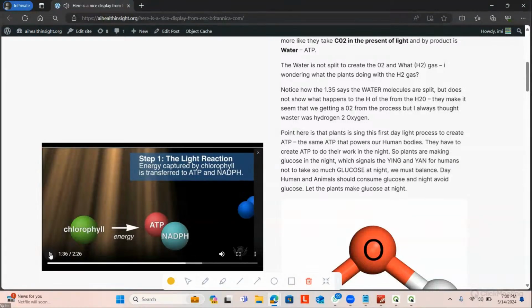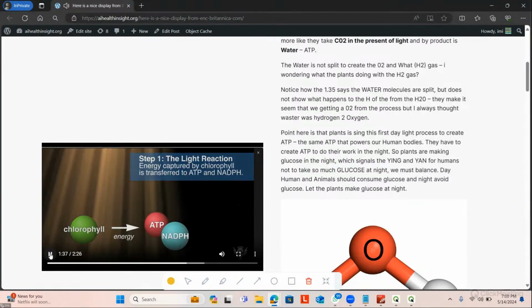Now, in the day, that process is happening with water, and they are splitting water, and oxygen is being given off. That is how plants make oxygen for human beings. They take the energy and split water into two parts.